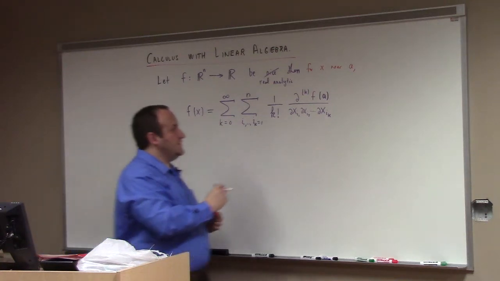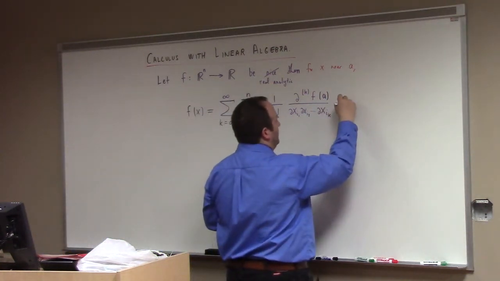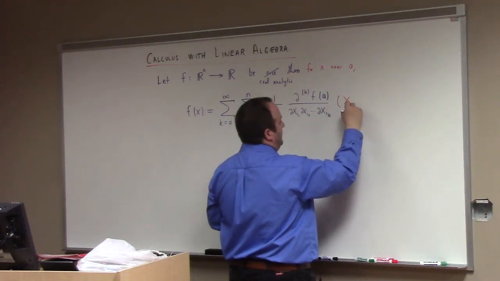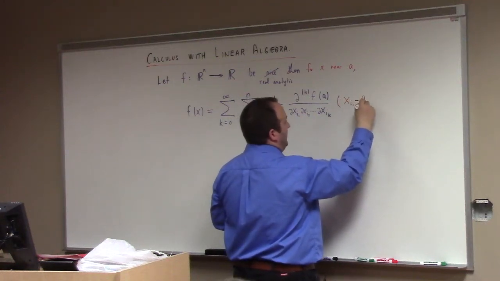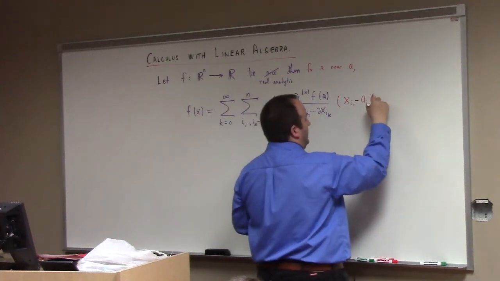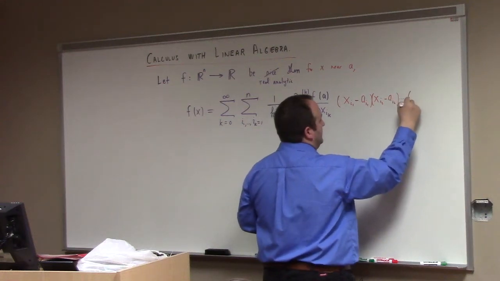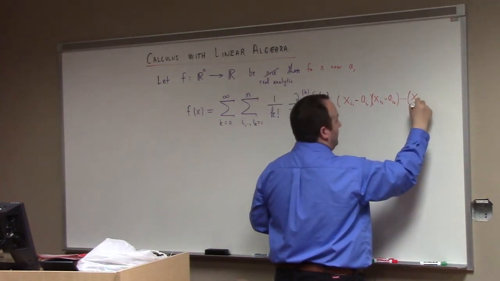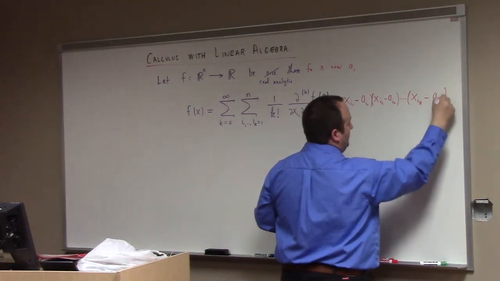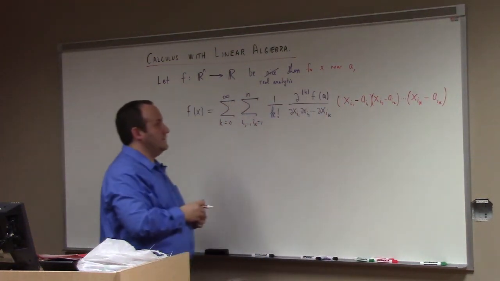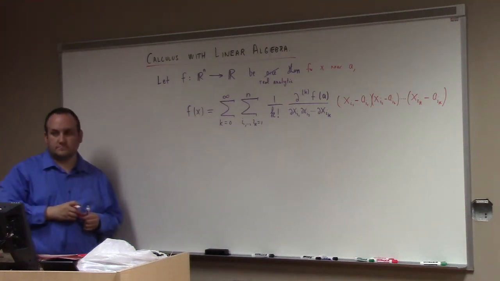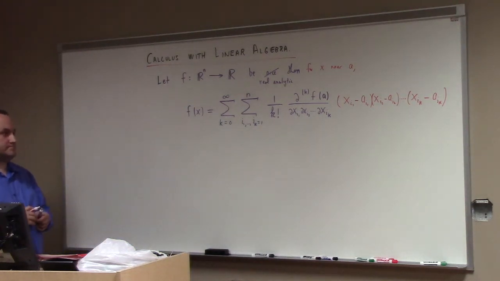And then you multiply these by x sub i1 minus a sub i1, x sub i2 minus a sub i2, x sub ik minus a sub ik, like that. This is the multivariate Taylor expansion.